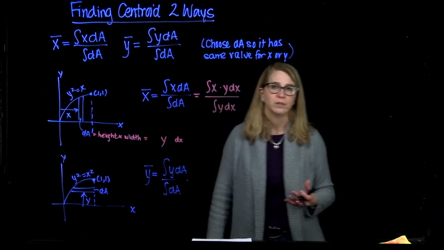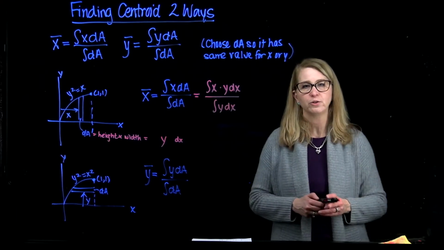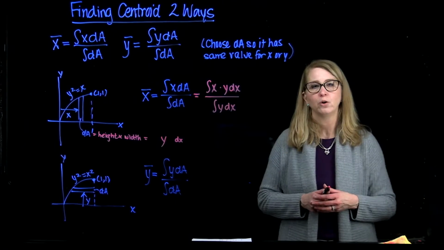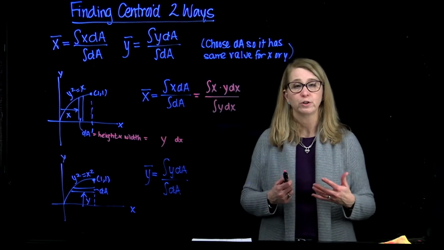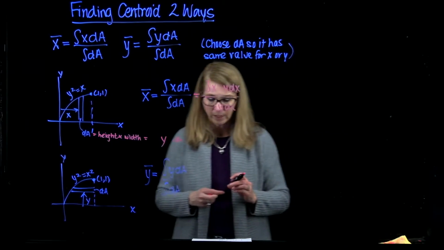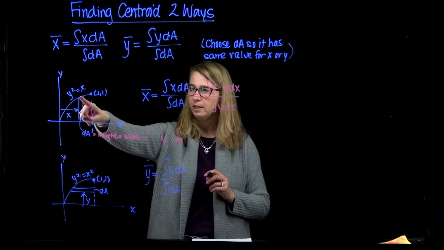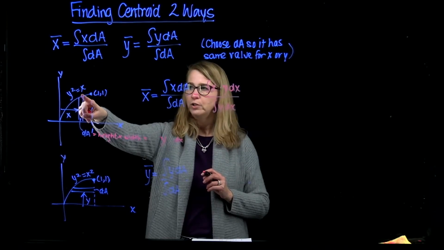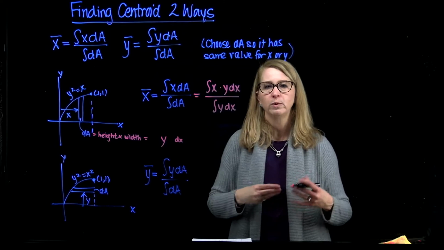Now the problem with this is that you have two different variables in this integral, and the dx indicates that I'm integrating over x. So I need everything to be expressed in terms of x. For this particular situation, the height here is the y value, which is actually the square root of x, since y squared equals x.